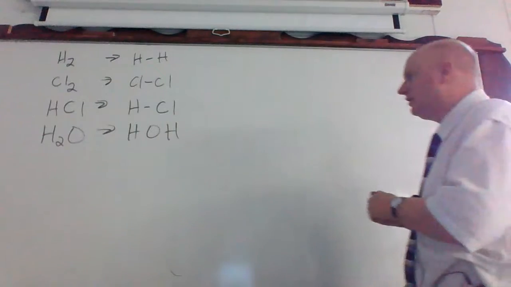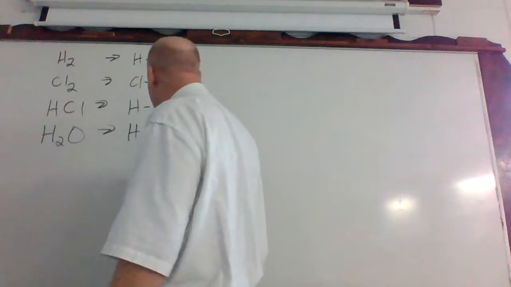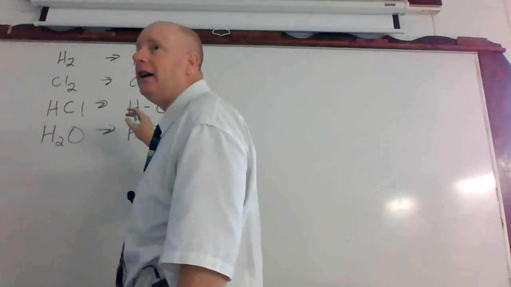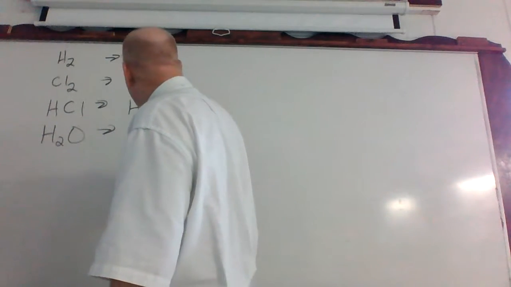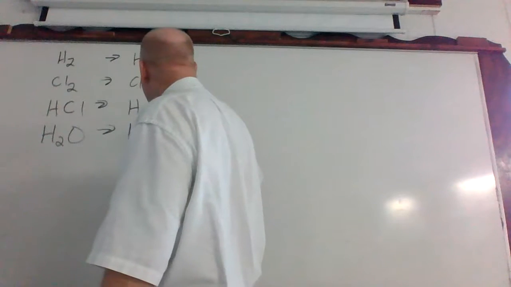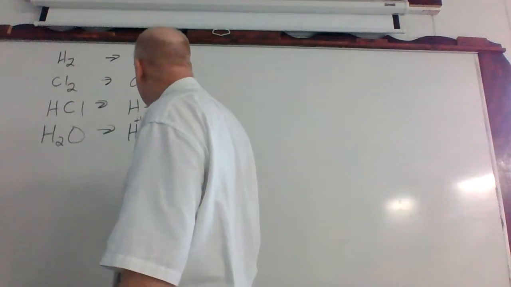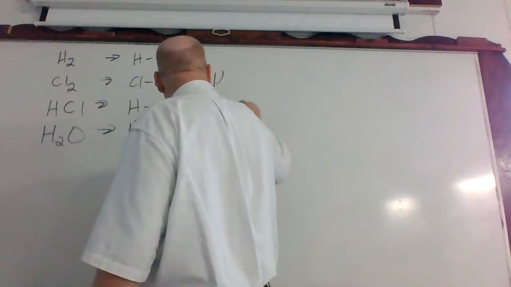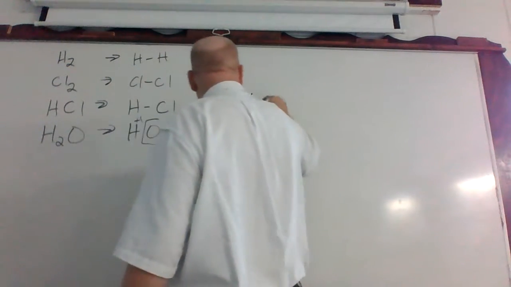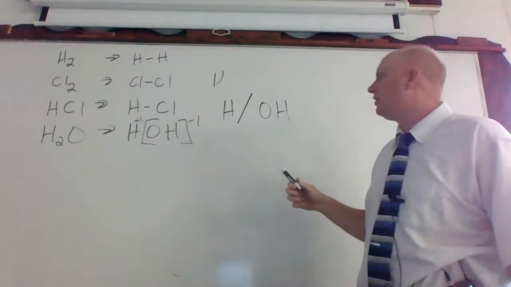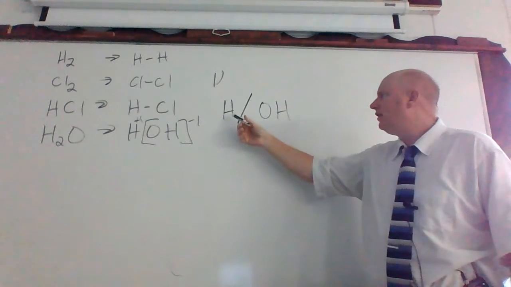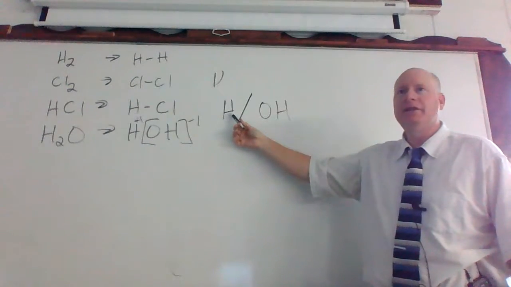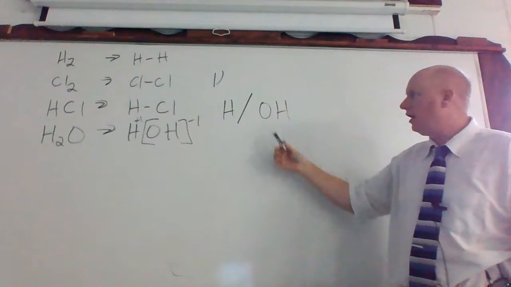This is the asymmetrical one because we all know that hydroxide has a -1 charge and hydrogen has a +1. So when we write that, that's how it breaks apart. That's why we consider it the asymmetrical reagent, because it breaks apart with a hydrogen on one side and a hydroxide on the other.